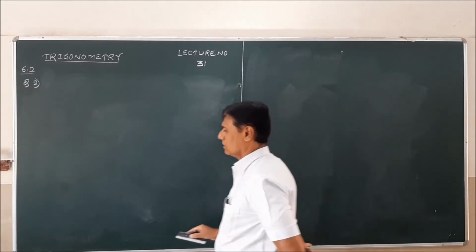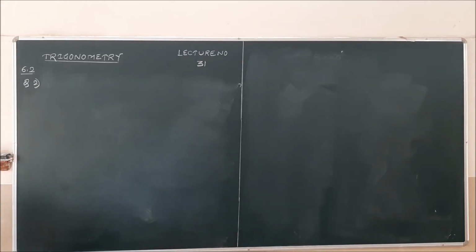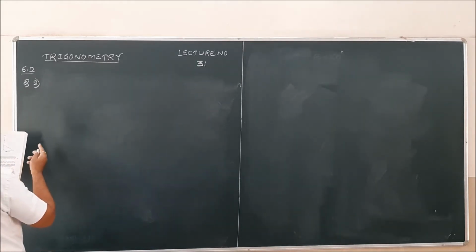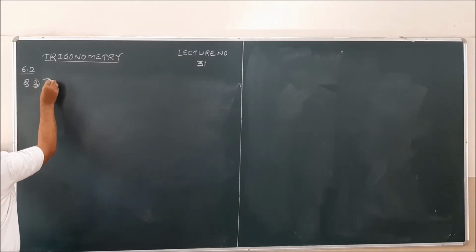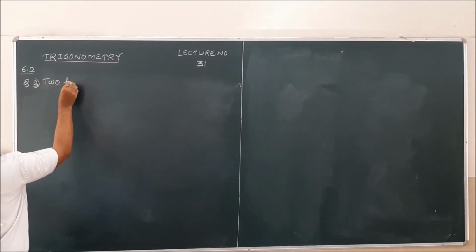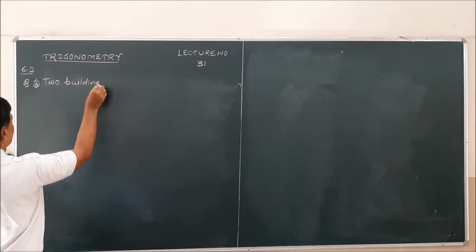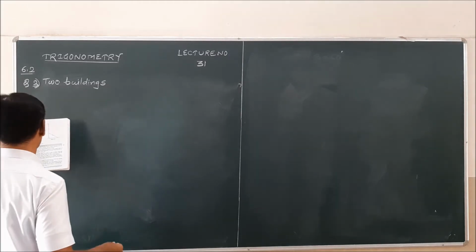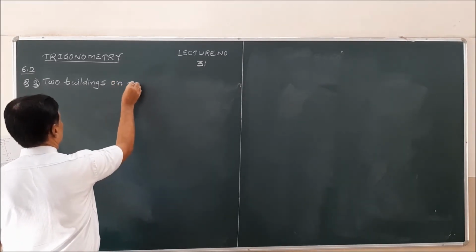Now question number 3. Two buildings are facing each other on a road of width 12 meters. Anyway, the questions are given in the textbook, so I am writing in short: two buildings on opposite sides of the road.